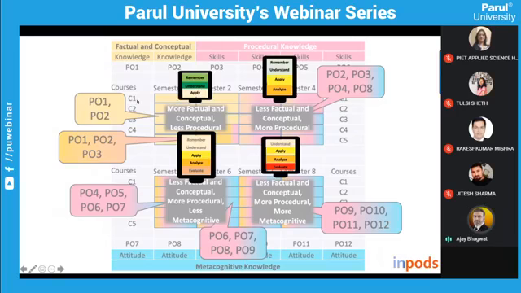A course in the first semester, which is associated with PO1 and PO2 only, let's say has 5 COs. So naturally, all the 5 COs will have association with PO1 and PO2 only. It will not have any association with any of the skill level POs or any of the attitude level POs.